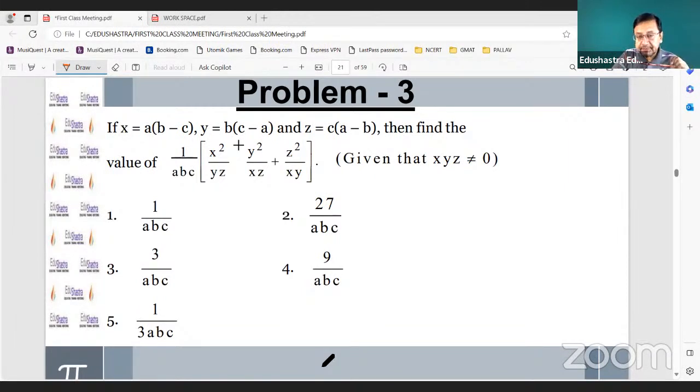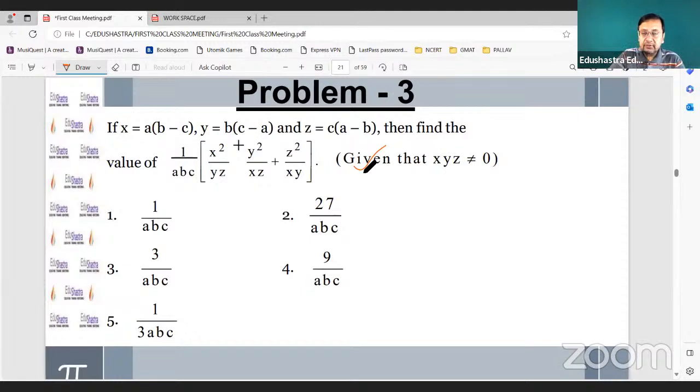How can I solve? So just think. There is some algebraic expression, right? And you need to find the value of some other algebraic expression, right? And there are some conditions given. What is the condition given to you? This is the condition given, and it gives some information about the variables.